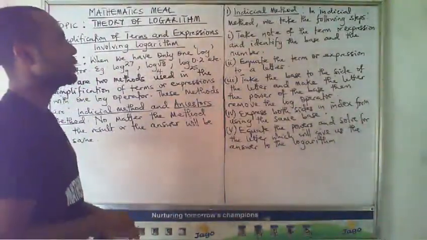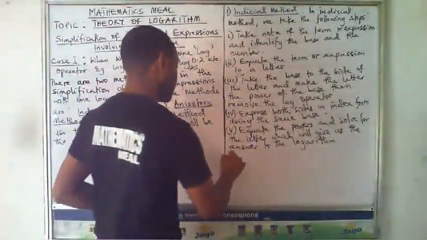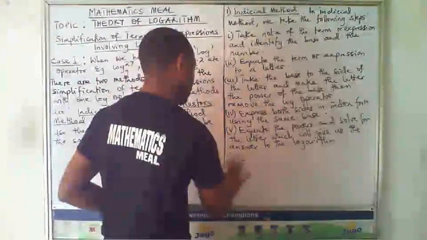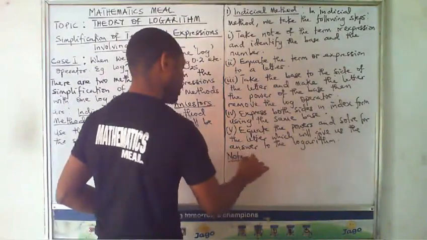So 5 steps that we are going to take. Then we just take note of 2 things now. Supposed to be 2 things, but I will combine them now.